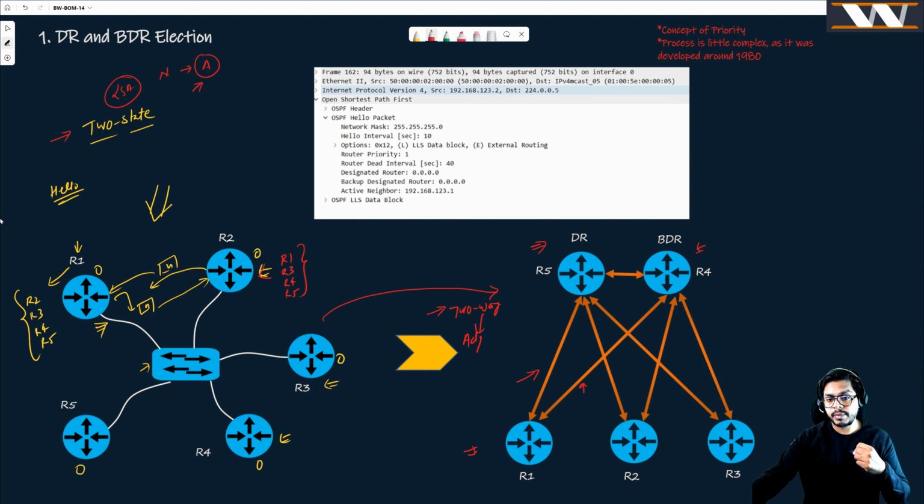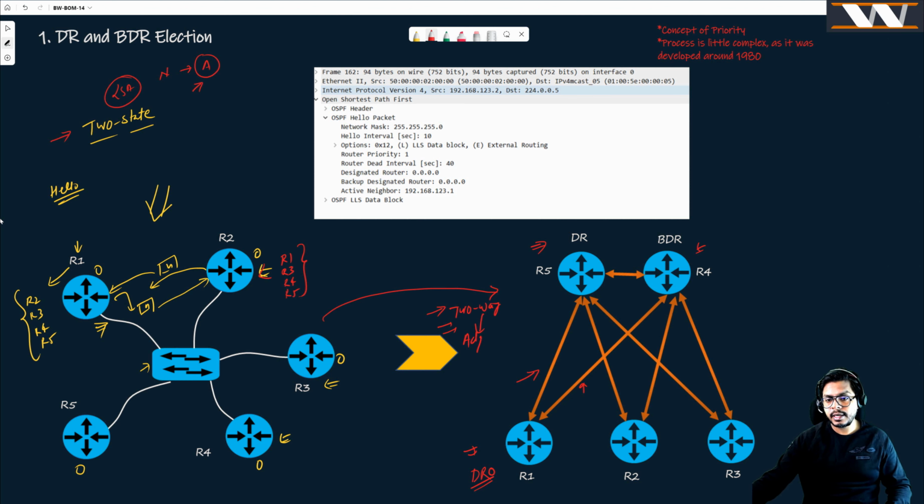Although there are multiple states between two-way and adjacency, we have selected the DR so that all DR others can form adjacency. A router on a LAN segment which is not a DR or a BDR comes into this category of DR others, right? Because these are not DRs and not BDRs. It is as simple as that.